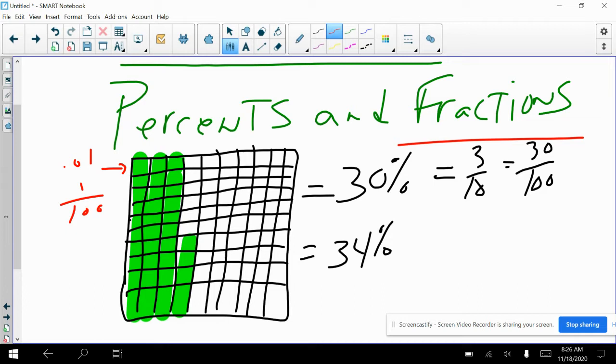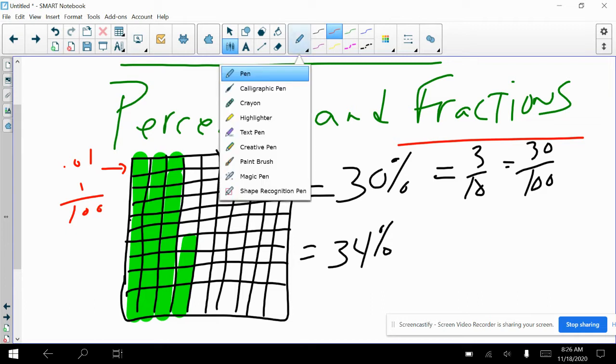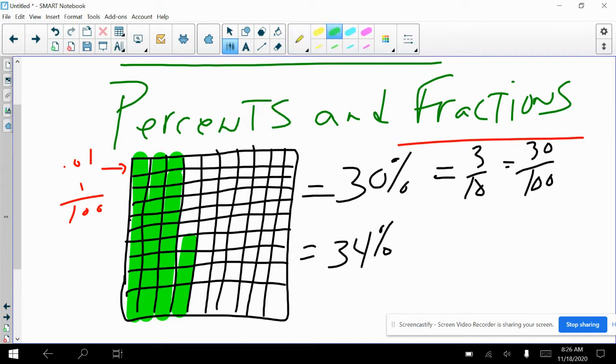Sometimes they're horizontal, and sometimes they don't color in the entire block. Now I'm going to switch gears here and do this. Highlighter. And what if we would just do this?